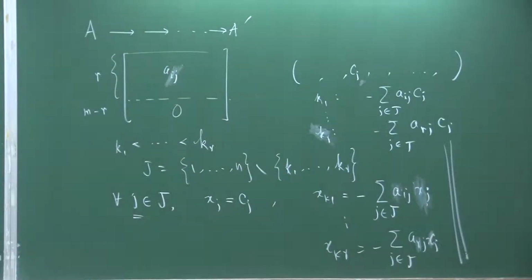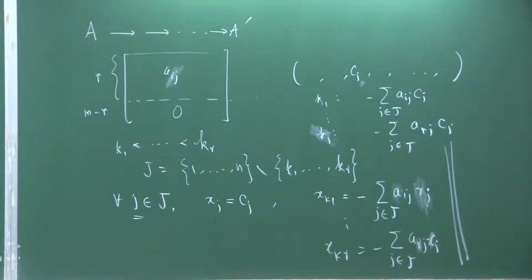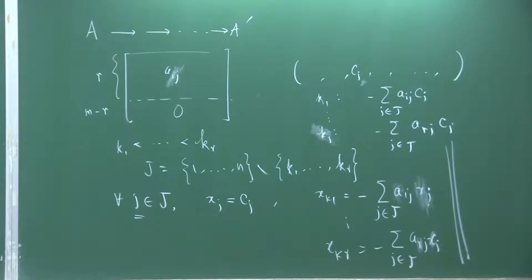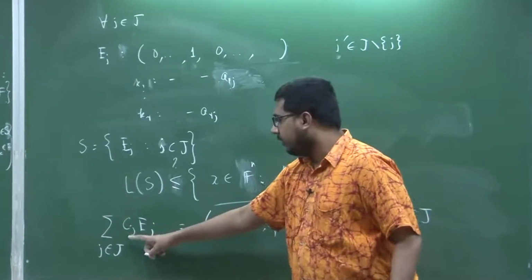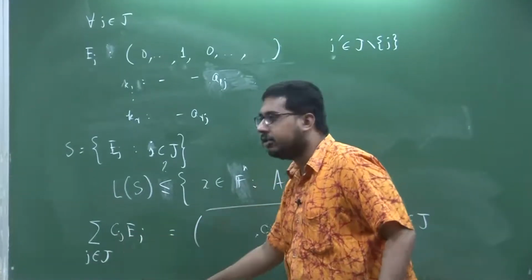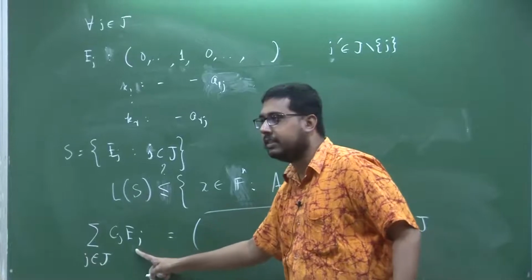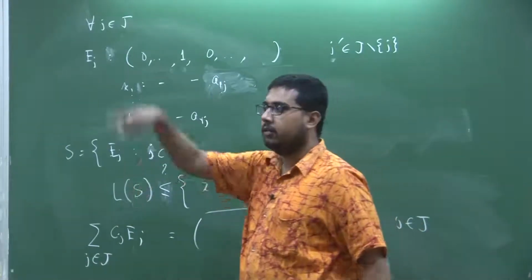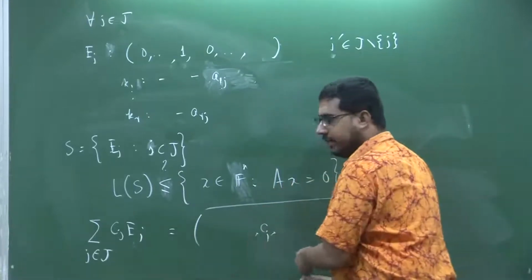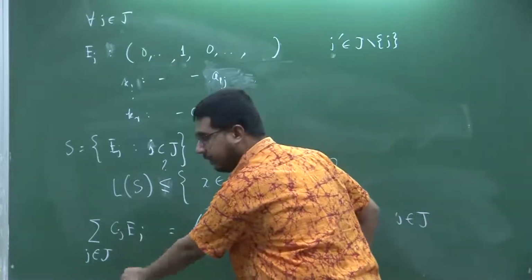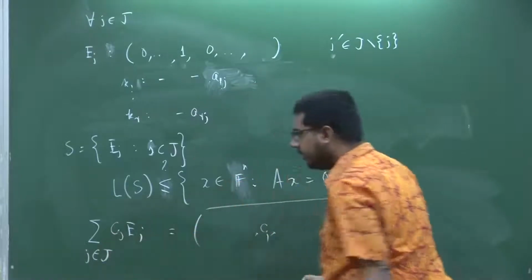Now that is very easy to see. We will see what is the k1 coordinate of this tuple. It will come from the k1 coordinate of each of these Ej's, and then we have to add them up. The k1 coordinate of this final tuple will be the sum of the k1 coordinates of each of these tuples.